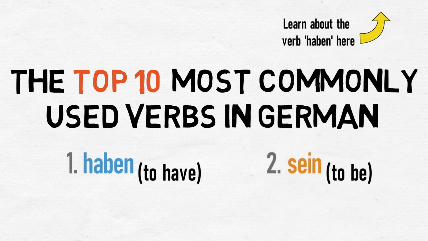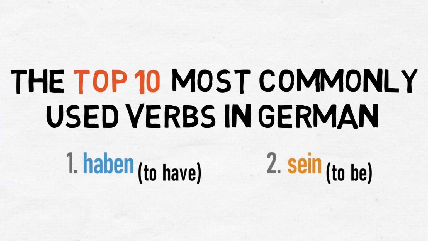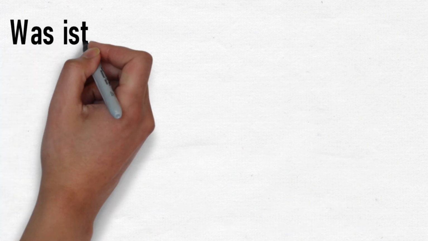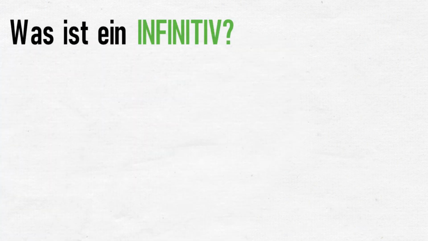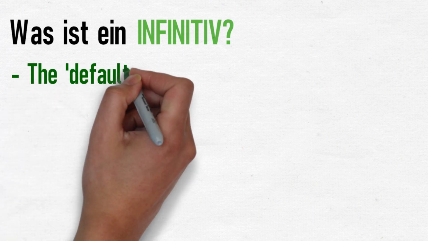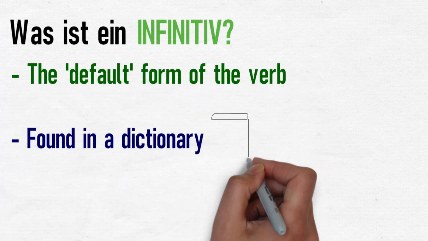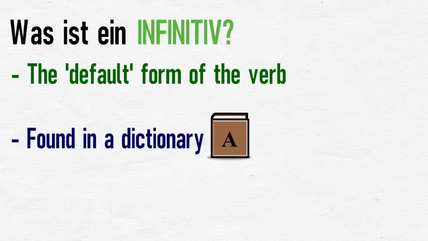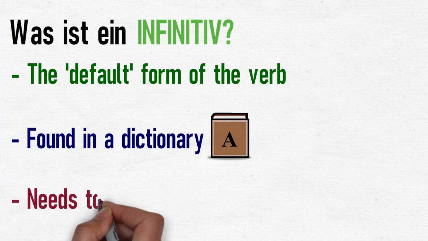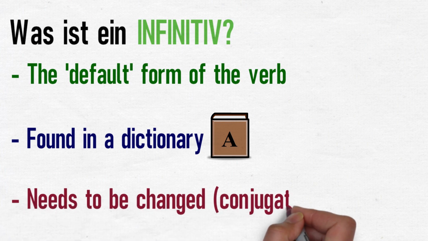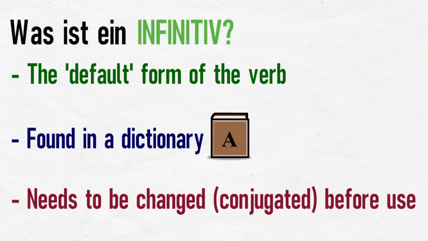In the following list of verbs, I'm going to be introducing them in the form known as the infinitive. An infinitive is the form of a verb that you find in a dictionary. That is to say, it's the default version of that verb, and it will need to be changed in some way, conjugated, before we can use it.